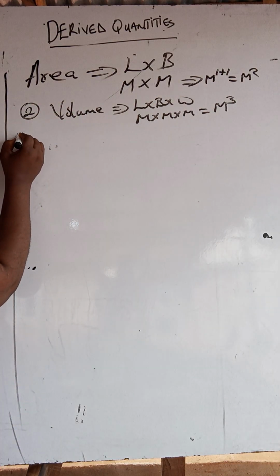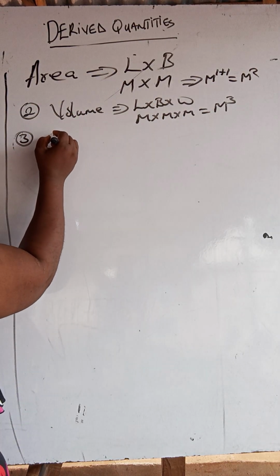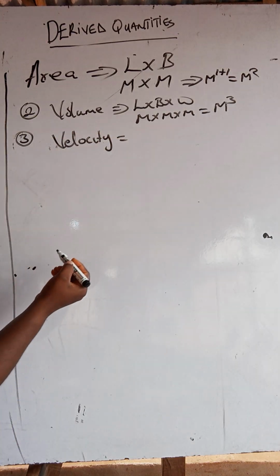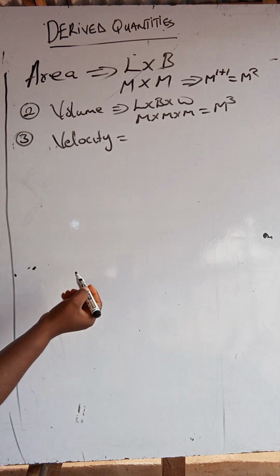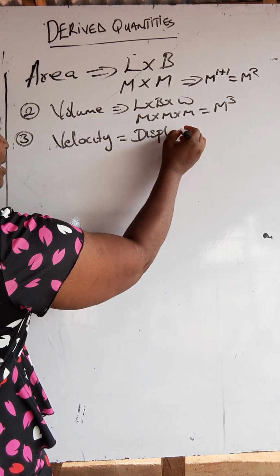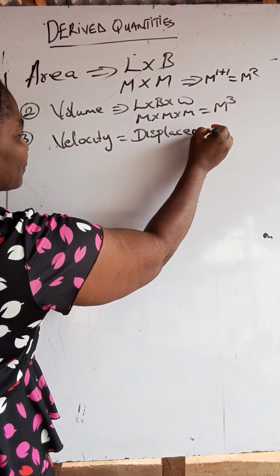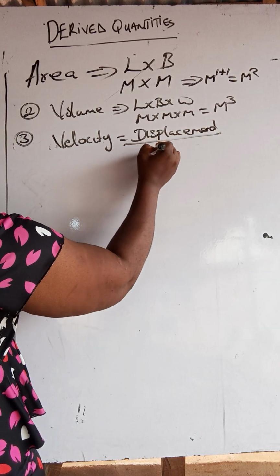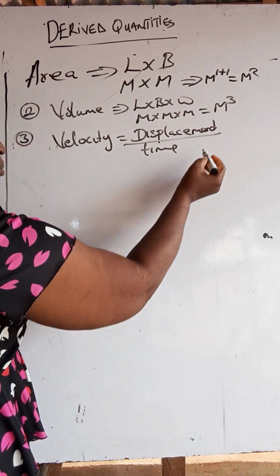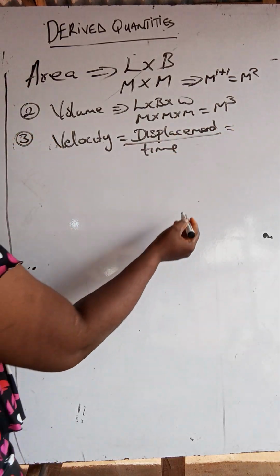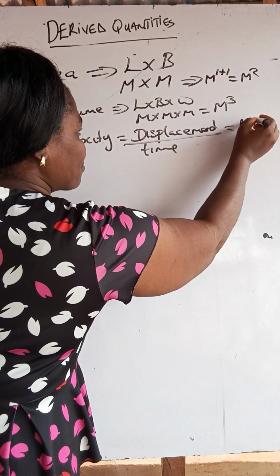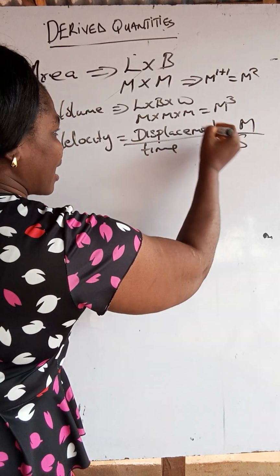We talk about the third one, the velocity. Velocity is given as the rate of change of displacement, that is, displacement of a body with time taken, the ratio of the displacement covered by a body to the time taken. Displacement, on the other hand, the only measurable quantity there is distance, which is what? Meter, and the time is seconds.